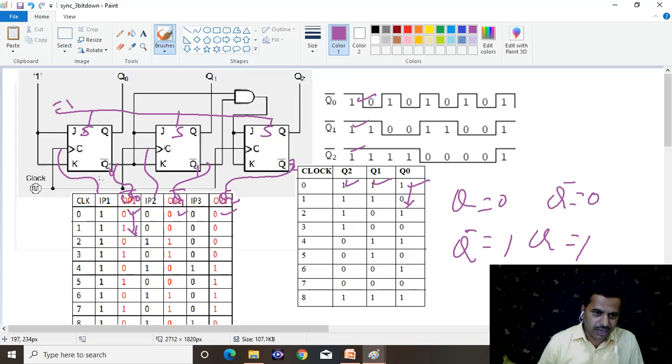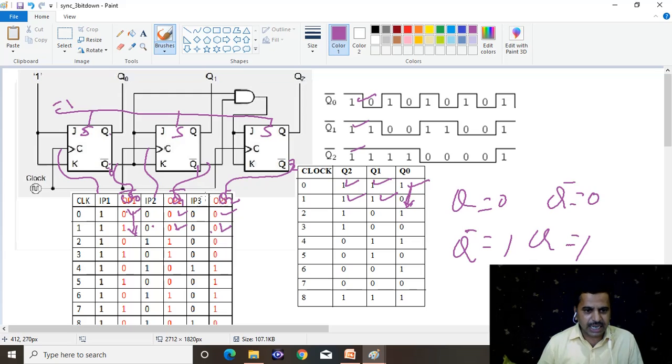You can see that here. The input to the second one is 0, so there is no change. The third one is 0, so there is no change. When Q1 bar and Q2 bar are 0, 0, then Q1 and Q2 remain 1.